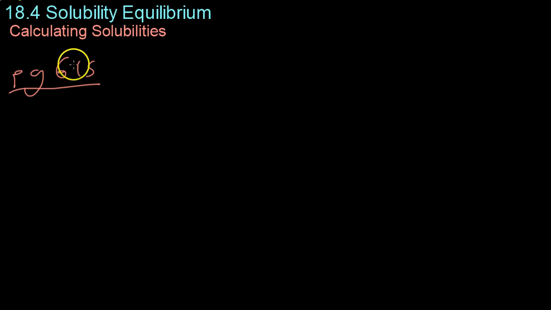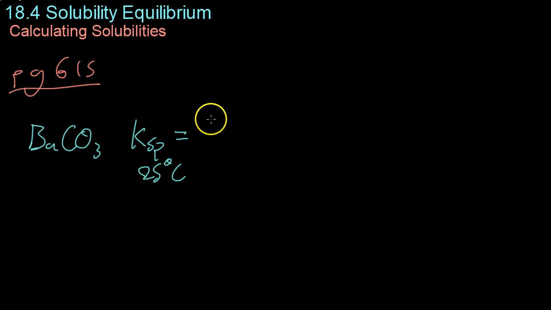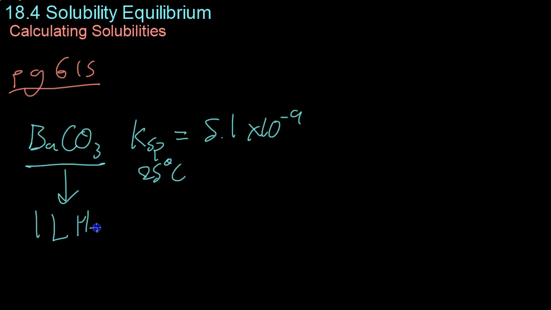For this example of calculating solubility, we're going to be using barium carbonate, which has a Ksp value at 25 degrees Celsius, because remember it changes with the temperature, of 5.1 times 10 to the negative 9. Now, if we want to see how much barium carbonate is soluble in 1 liter of water, we can use the solubility product constant to do so.